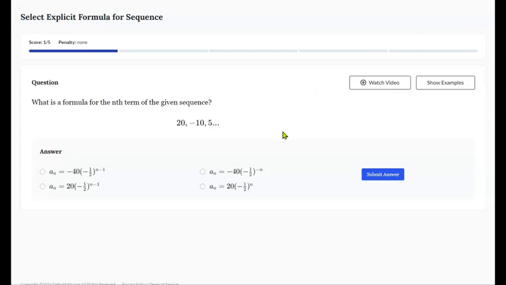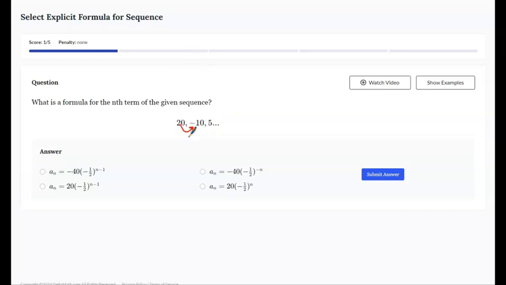All right, let's take a look here. Seems to be going down. So this one's going down, -30. And this one's going up 15. Okay, so that's not a common difference. So let's see if we can get the common ratio here.